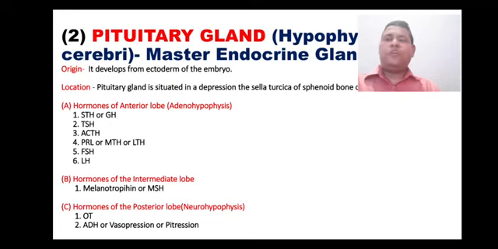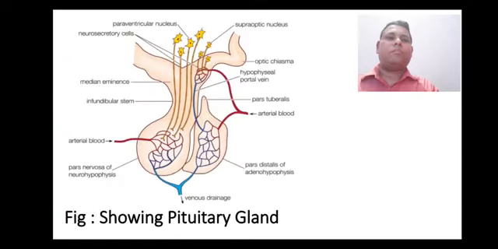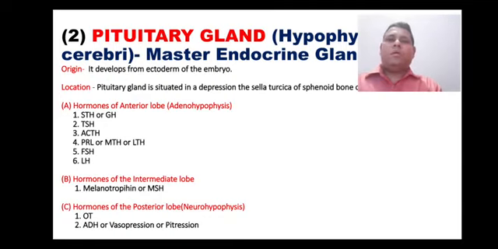Number 2, TSH, thyroid stimulating hormone or thyrotrophin. The hormone controls the growth and activity of the thyroid gland. It influences the uptake of iodine and the synthesis of the hormones thyroxine and triiodothyronine by the thyroid gland.